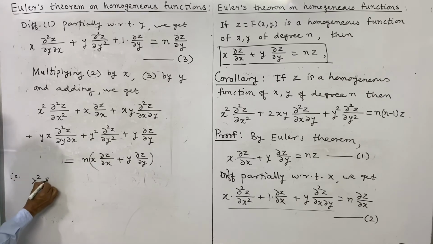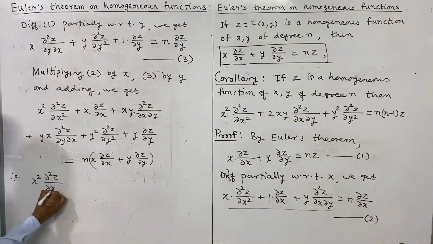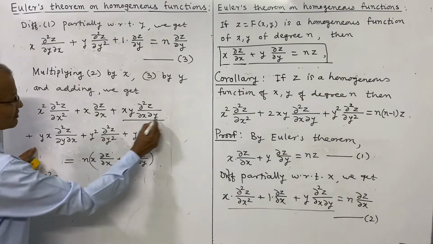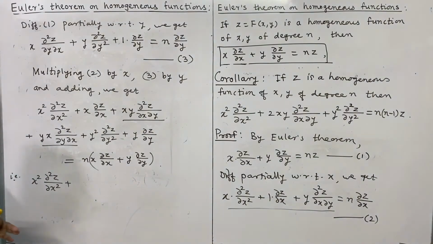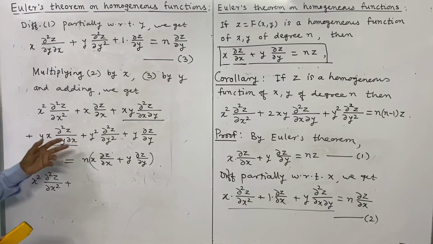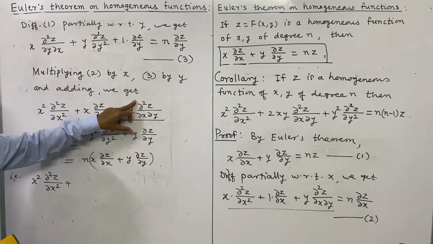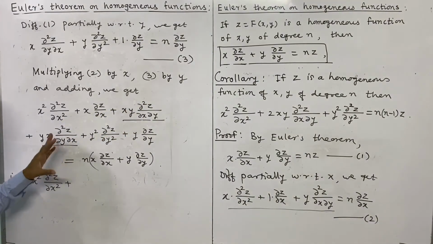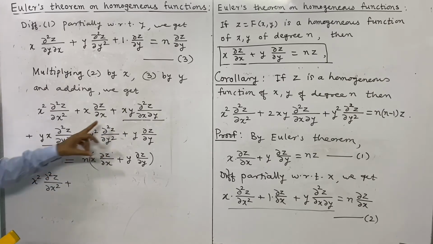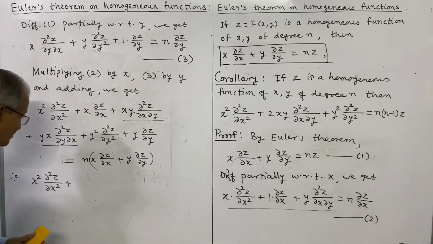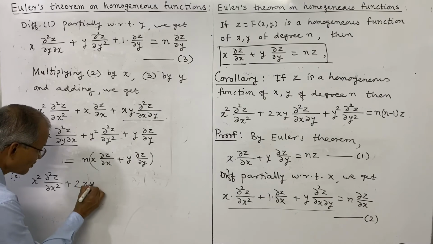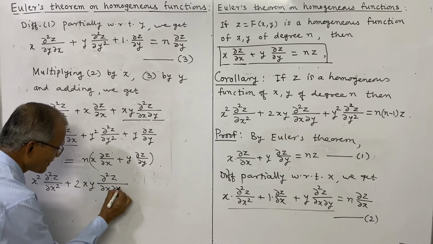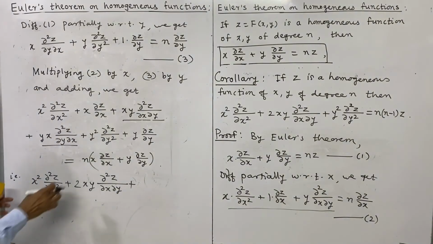See, x square dou square z by dou x square, plus this term I have written, and these two terms are equal: x into y and y into x is the same. Similarly, as we remarked earlier, dou square z by dou x dou y is the same as dou square z by dou y dou x in general, and therefore these two are equal and their addition will be a double term, that is 2xy dou square z by dou x dou y, plus, so these terms are written.